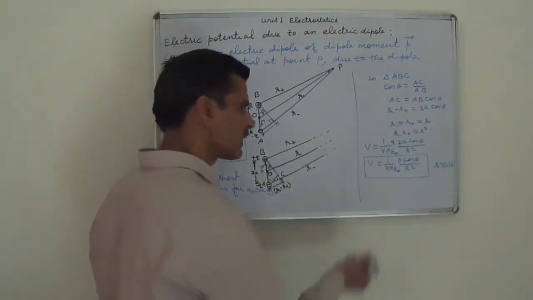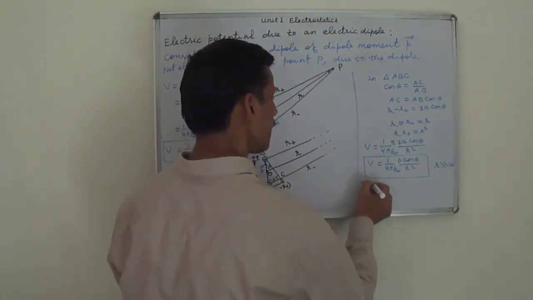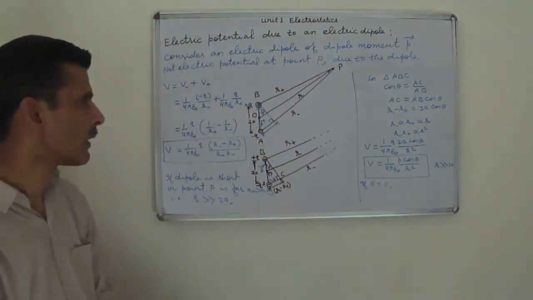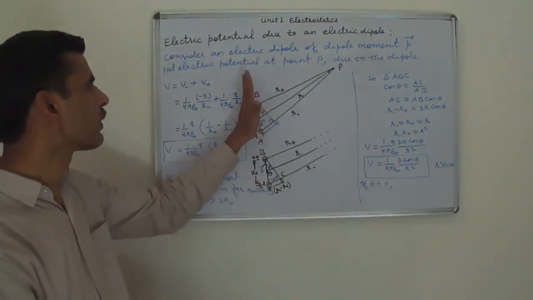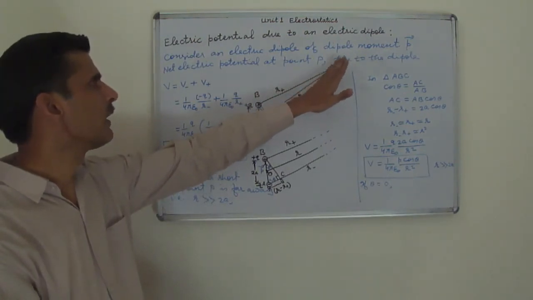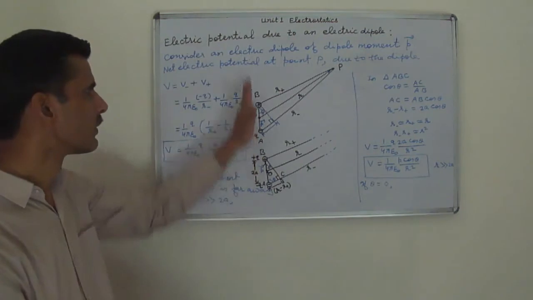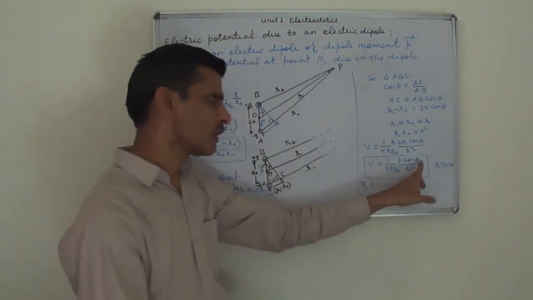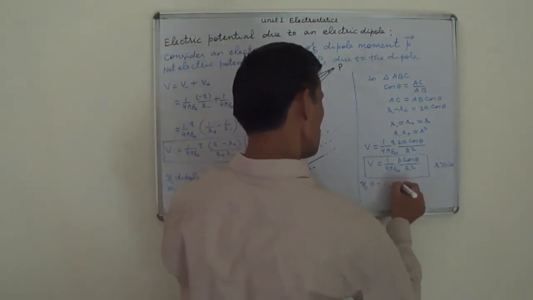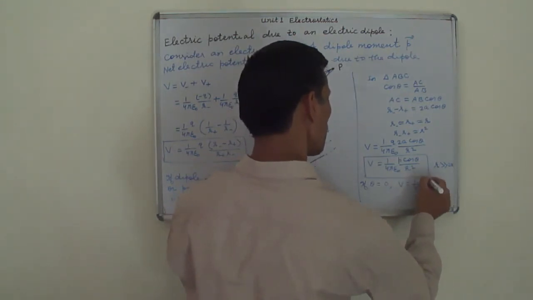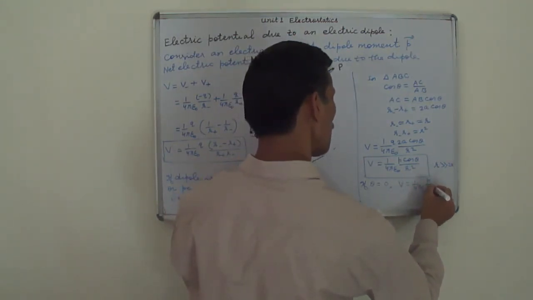And from this relation you can see, if theta is equal to 0 radian, this means point P lies on dipole axis. Then cos 0 you know is 1, so V is equal to 1 upon 4 pi epsilon naught P upon R square.